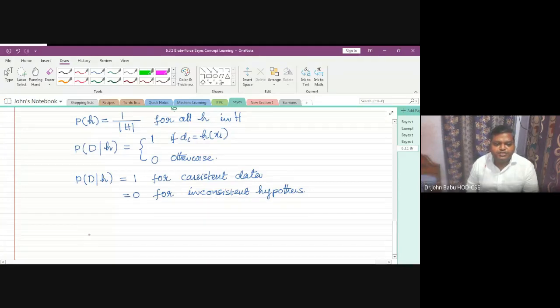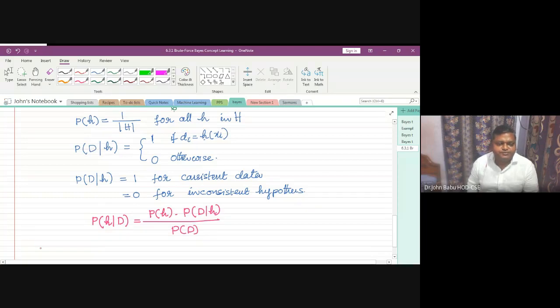So probability, what is Bayes theorem? Probability of h given d is equal to, చెప్పండి, probability of h, probability of d given h, the likelihood, by the probability of d.